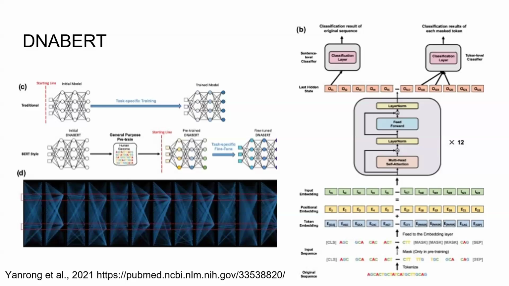All of this should be relatively familiar to you, and that's basically the principle underlying DNABERT. There are 12 of these self-attention units followed by the feed forward network, and then it outputs, and it's trained on just predicting what the masked sequence was.